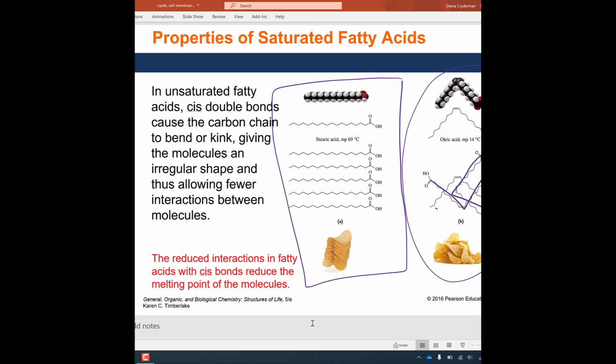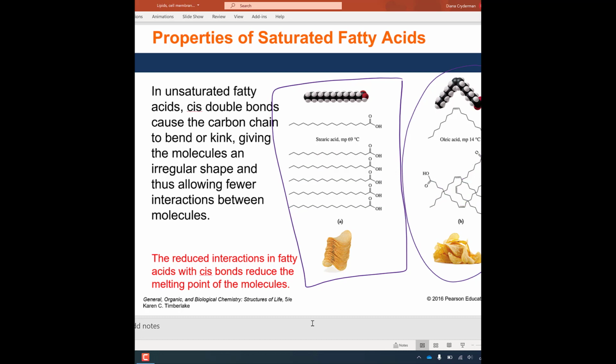They're probably going to be a mess like this, versus something that's saturated or has a trans double bond. Even if they're not perfect, maybe one's over here to the right, one's over here to the left, they have a much easier chance of stacking.